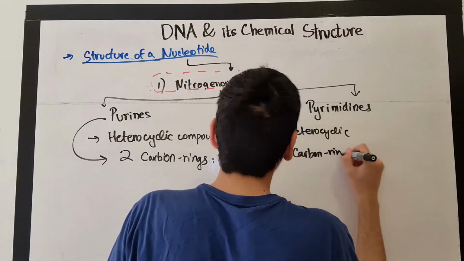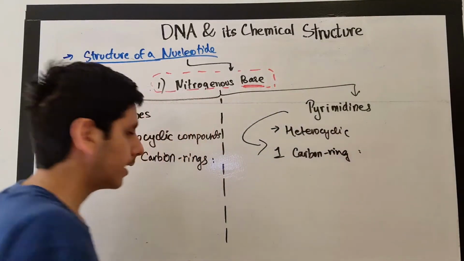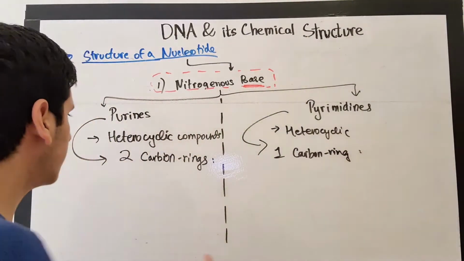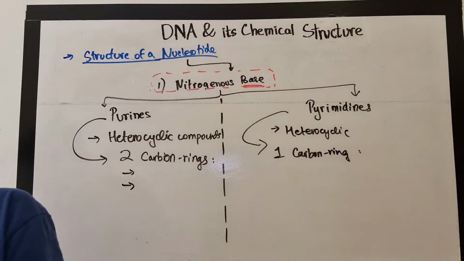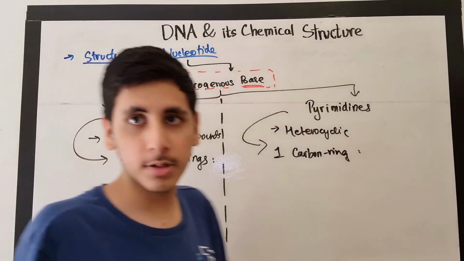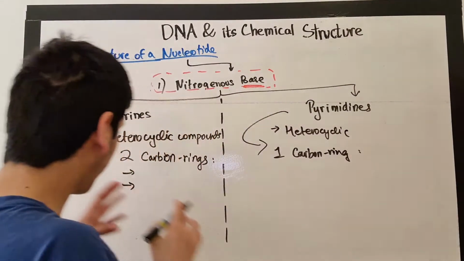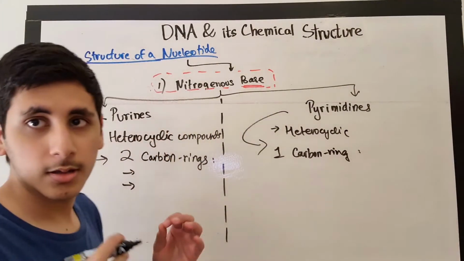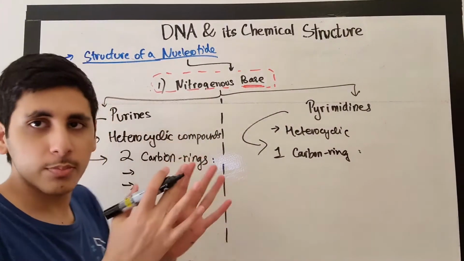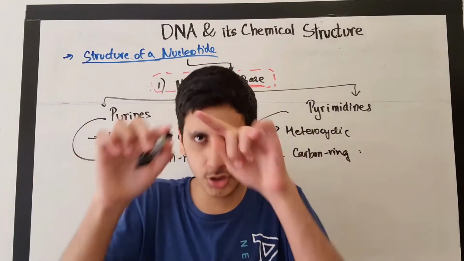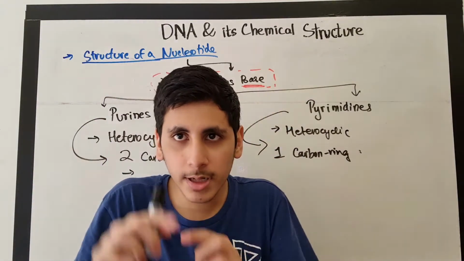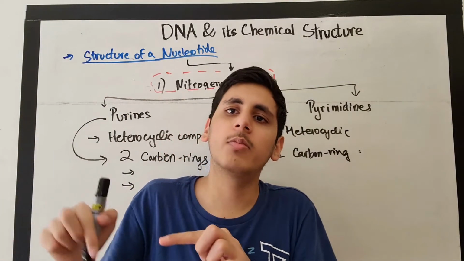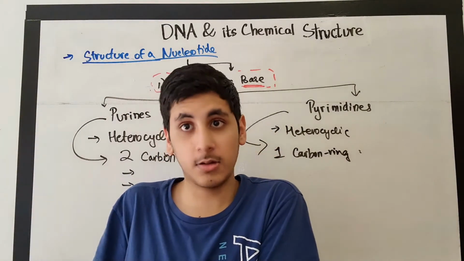There are names given to those rings, and I'm going to explain what they are. First, there are 2 rings: a 6-membered carbon ring attached to a 5-membered carbon compound. The 6-membered ring is just a hexagonal structure, and the 5-membered one is a pentagonal structure.